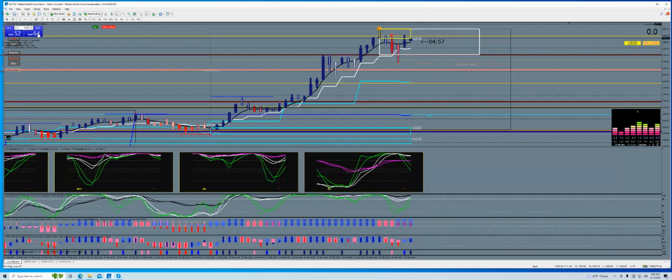So let's try that. Everything is turning blue. I'm just waiting for my 1 minute to start to turn up. There's another reason why I got my 1 minute here: I am on a 5 minute chart, but I'll know exactly when my 1 minute gets back in sync to the upside. So there's another timing.